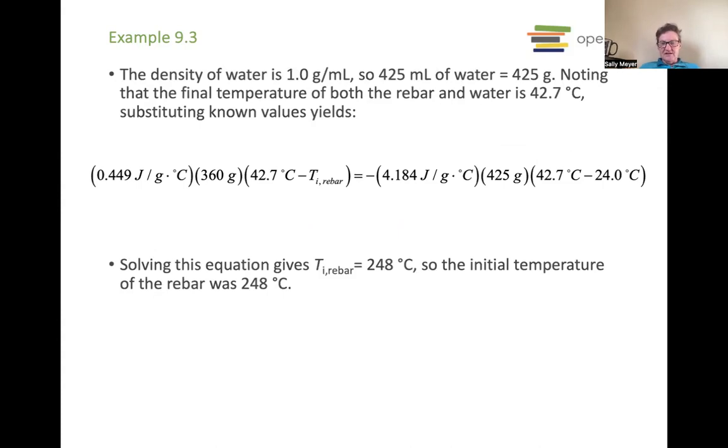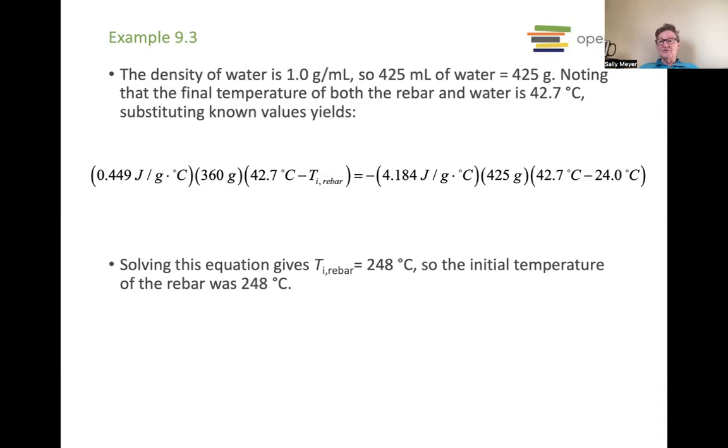So if we put in all of those numbers, the heat capacity for the rebar, 0.449, which you'd get out of a table, you have 360 grams of that, and it ends up at 42.7. The water specific heat is 4.184, so the left-hand side equals the negative of the right-hand side.